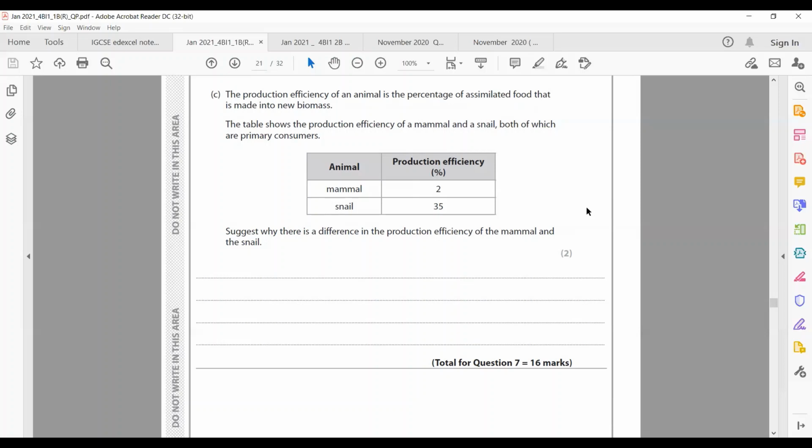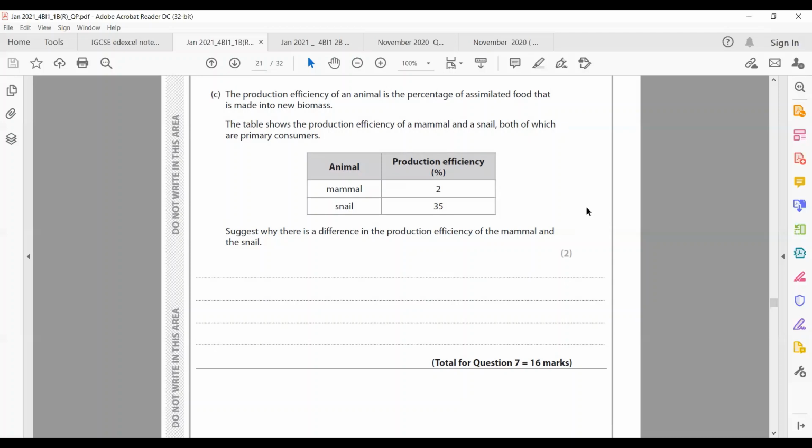Remember when I was explaining this part I told you that the energy is used up in several processes or in several things by the animal. That's why the amount of energy kept for building the new biomass will be less than the energy taken from the previous organism.